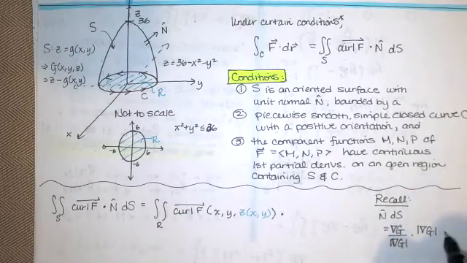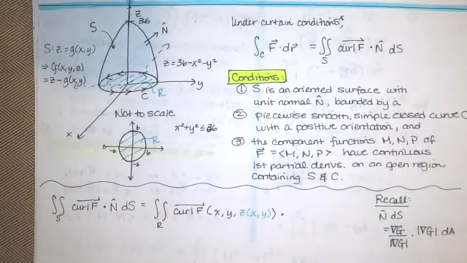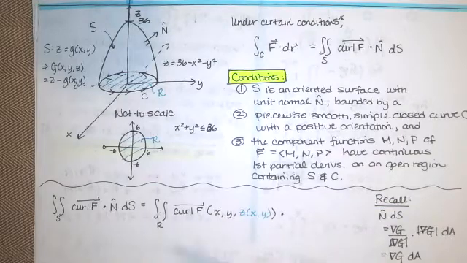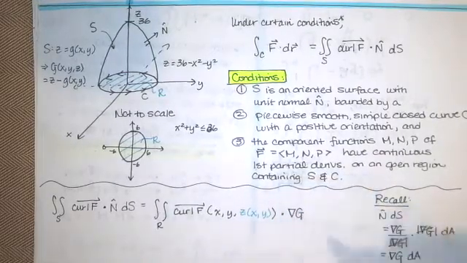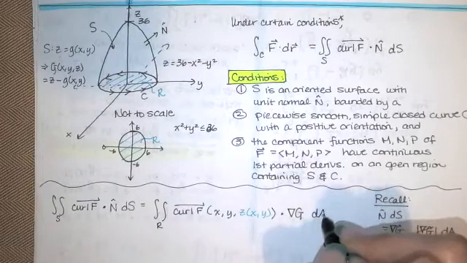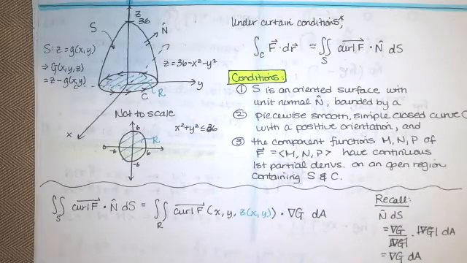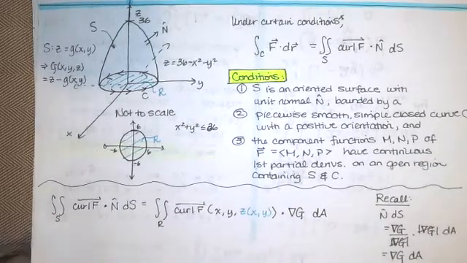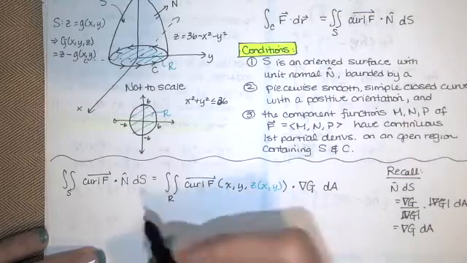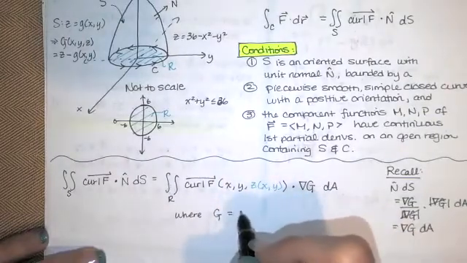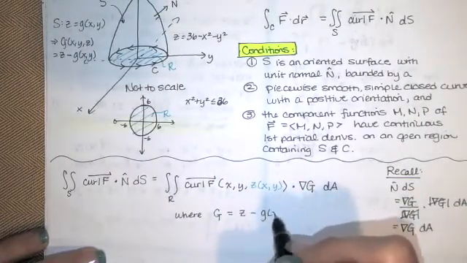That is the magnitude of the gradient of capital G times dA, where dA is dx times dy, or vice versa. Those will reduce every time, and you're going to get this. So this n hat dS is replaced by the gradient of capital G, which is not a unit normal vector, it's just a normal vector to the surface, times dA, where that's an area piece, and that would be dx dy if we were in rectangular coordinates. We're probably going to switch to polar, but you get the idea. Okay, so that's the plan. And because we are using the upward unit normal, we want G to be z minus little g of x and y.